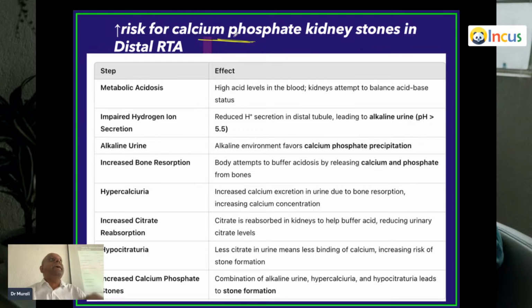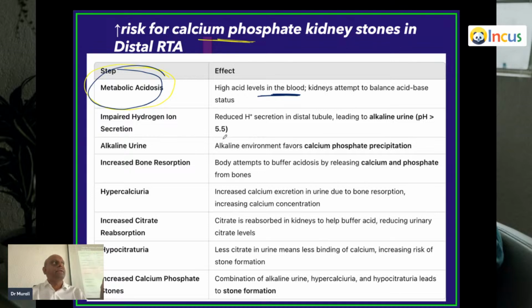Now, why is there an increased incidence of calcium phosphate kidney stones in distal RTA? We will discuss this. Fundamentally, in distal RTA there is metabolic acidosis, meaning high levels of acid in the blood, and the kidney will attempt to balance this acid-base status.